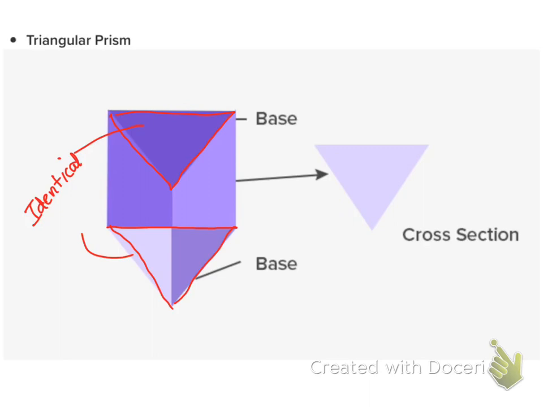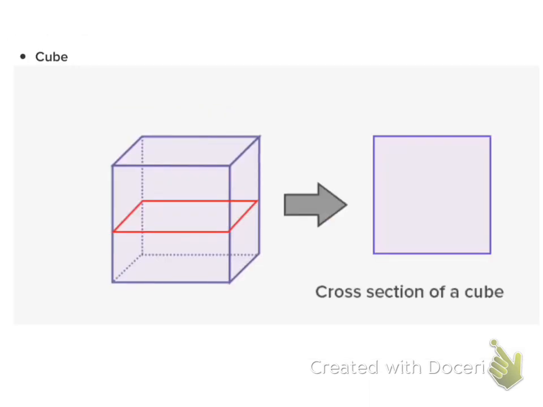Let's move to another kind of prism. Here you see the bases, this one is the base, and this is the other base. Let me use other colors. That's the base and that's the base. These two are identical and facing each other.